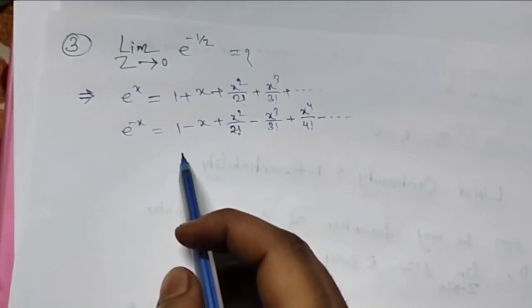So this is the expansion of e to the power x and e to the power minus x.